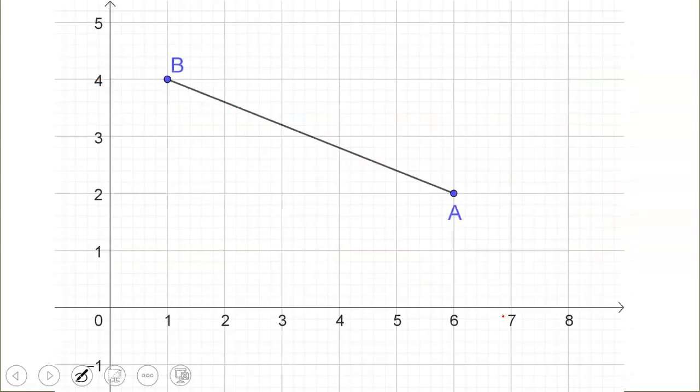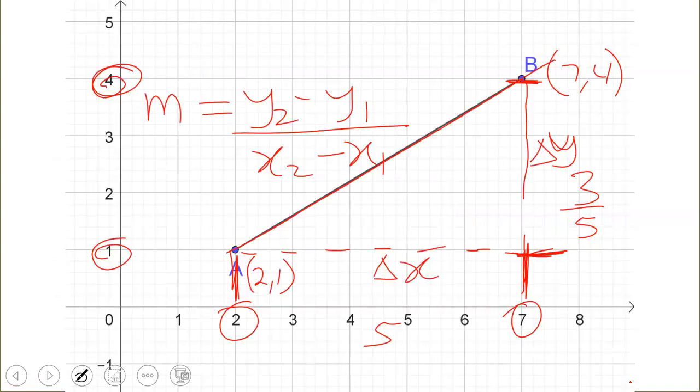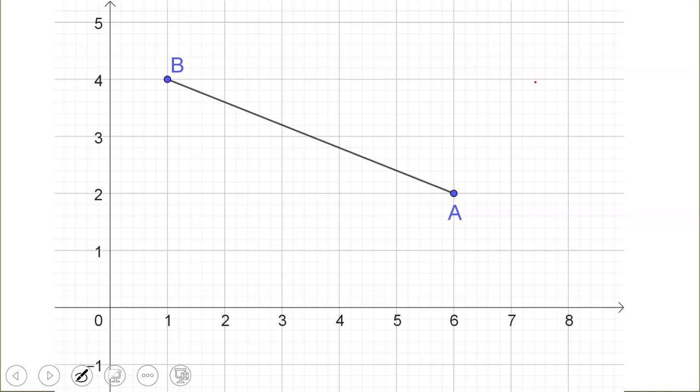Now let's look at another example where the line goes in the opposite direction. Compared to the previous one, where we had the line going this way, when the line goes that way, it changes. And then we are seeing that the gradient of this line is going to be negative. Why? Because the point here, which we have as (1, 4), is for B, and that of A is (6, 2).